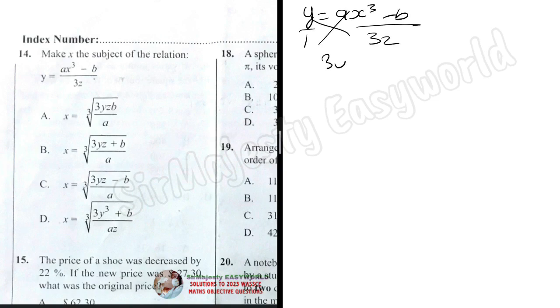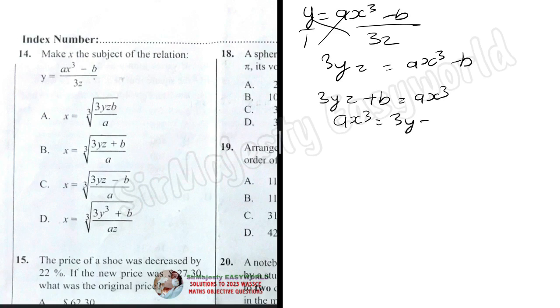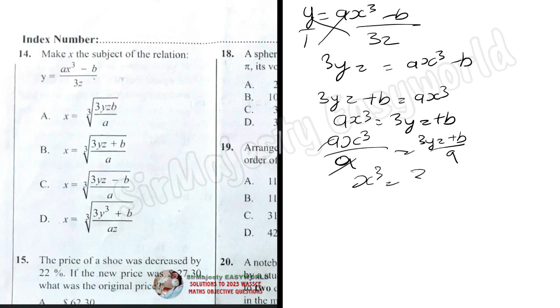So this is 3yz is equal to ax cubed minus b. Carry b to the other side: 3yz plus b is equal to ax cubed. So ax cubed is equal to 3yz plus b. We're going to divide both sides by a. So x cubed is equal to (3yz plus b) over a.